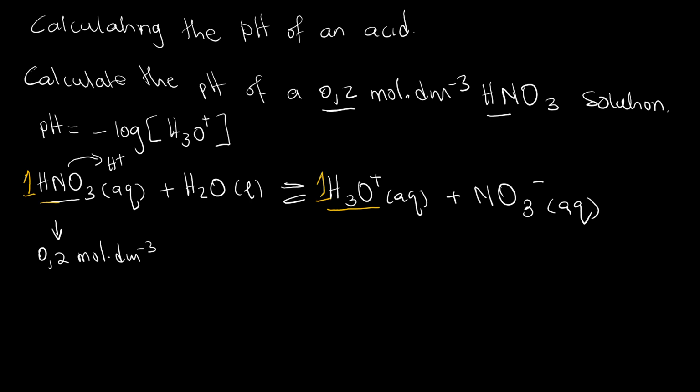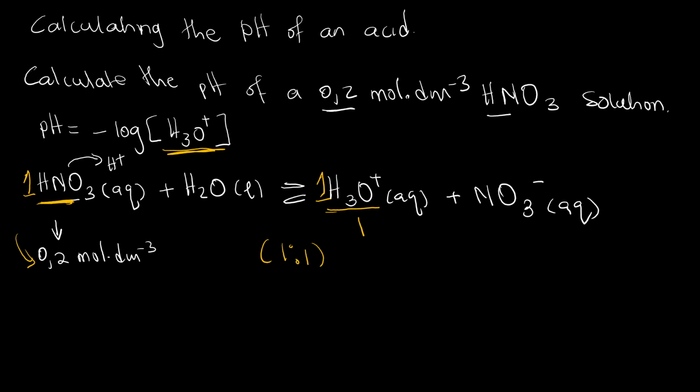You use the acid, for which we have the concentration, and then you use the mole ratio with the H3O+, because remember, to calculate the pH, we need the concentration of the H3O+. The mole ratio is 1:1.